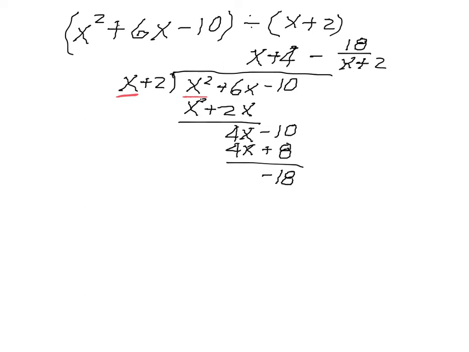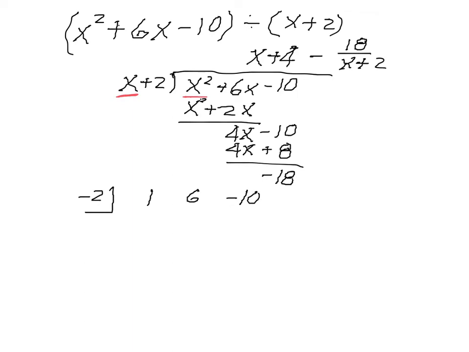And we're going to say, well, if x plus 2 is a factor, x plus 2 must equal 0, or therefore x must equal minus 2. All right? So that goes inside this little box here. Now I look at the coefficients of x squared plus 6x minus 10. What are my coefficients? My coefficients are 1 for the x squared, 6 for the x, and minus 10 for the constant term.